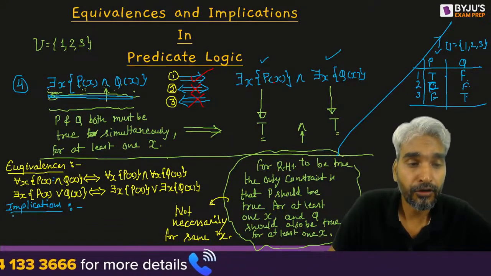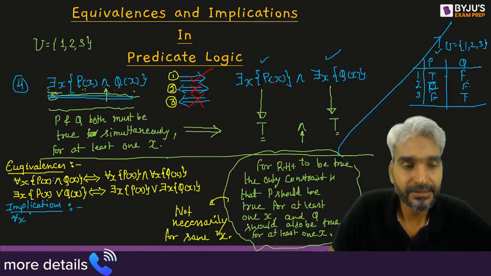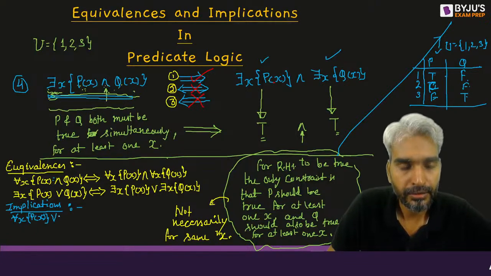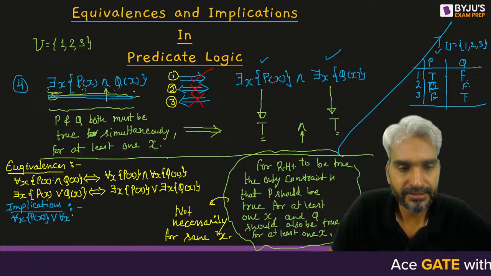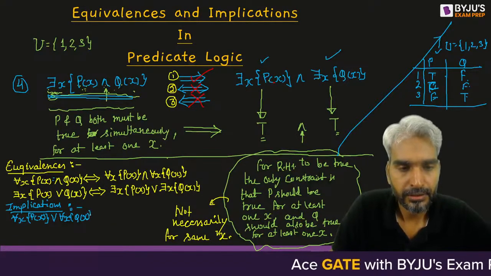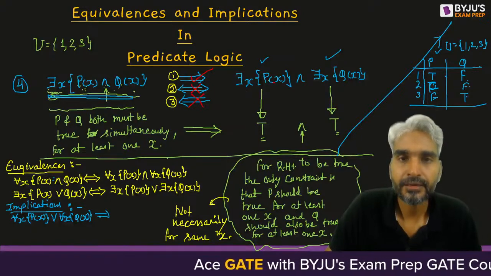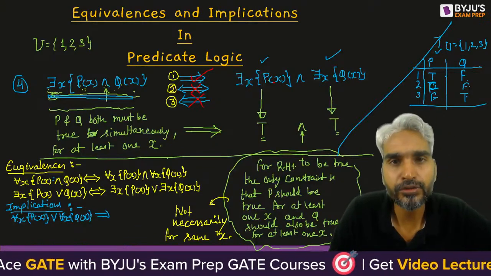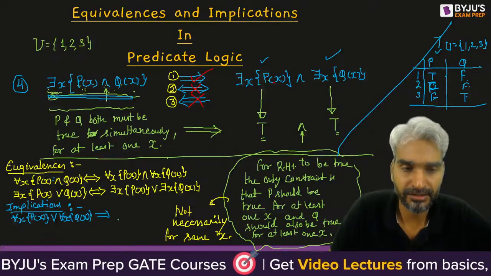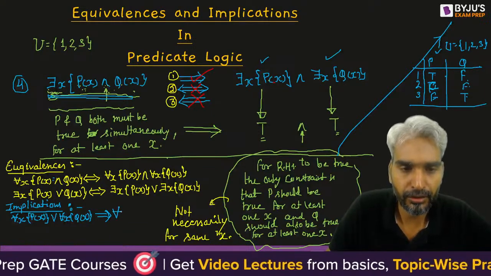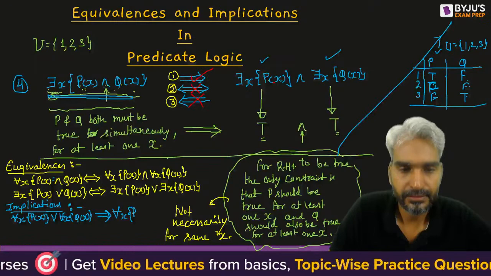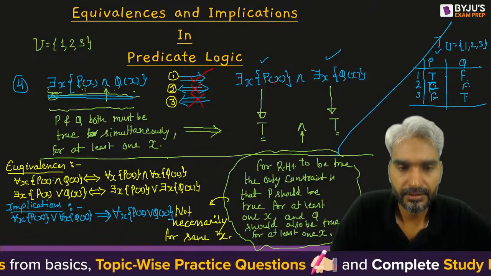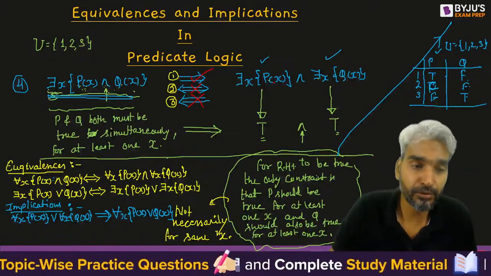That for all x Px or for all x Qx implies, so here if for all x Px and for all x Qx are distributed, then they can eventually be merged. That is, it will imply for all x, Px or Qx, right? But with respect to and, it is opposite.